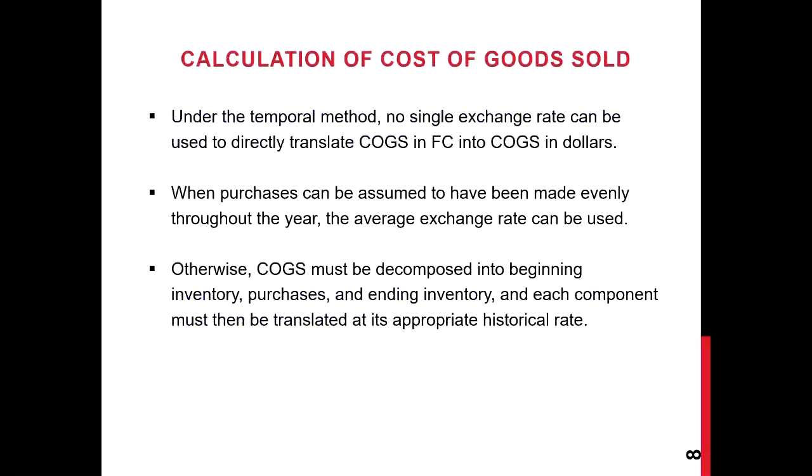Now, last class I already discussed that cost of goods sold and inventory we have to calculate using the appropriate historical rates, because you may purchase inventory at different dates.